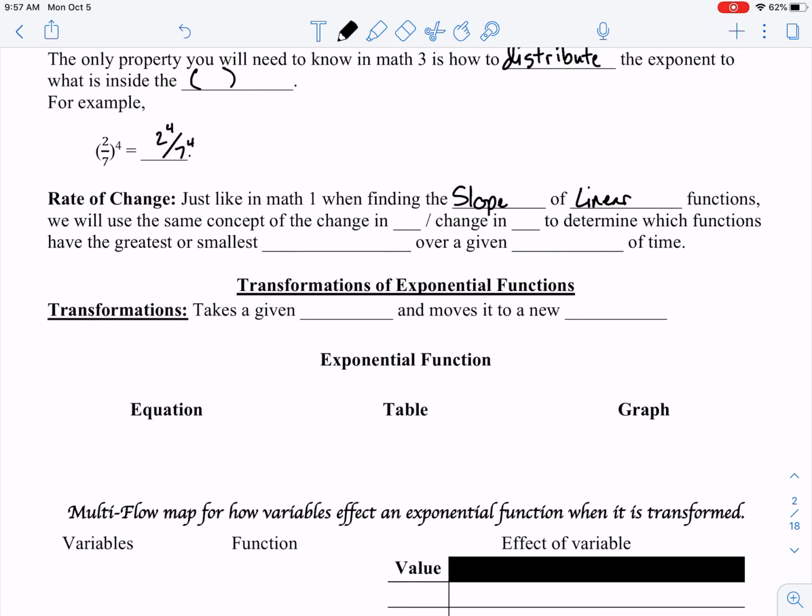Remember, slope is change in y over the change in x to determine which functions have the greatest or smallest growth or decay over a given interval or period of time.